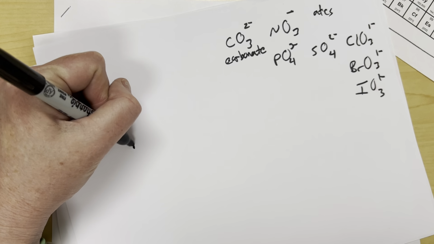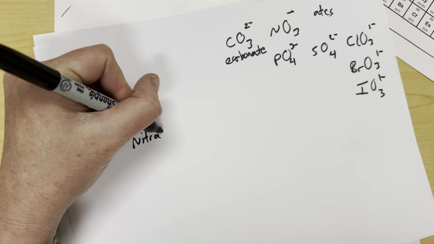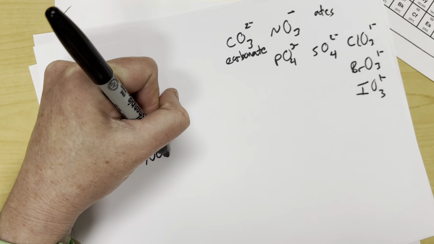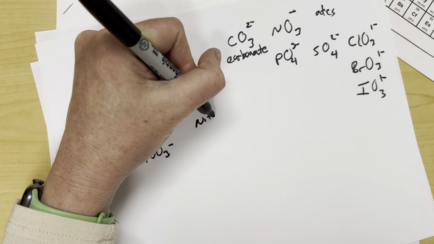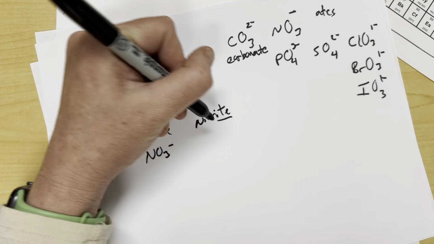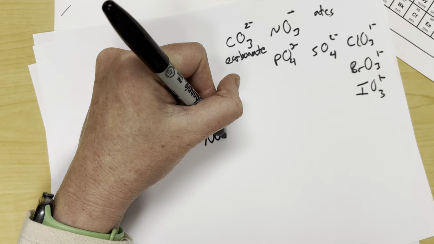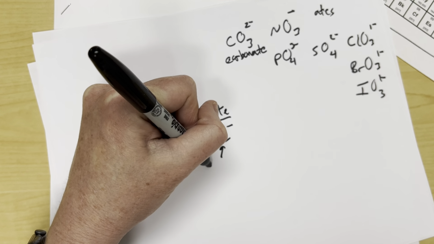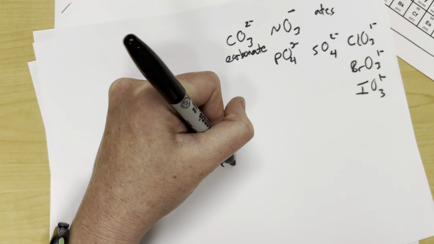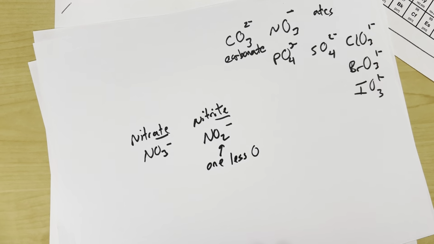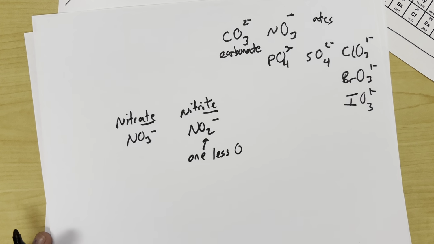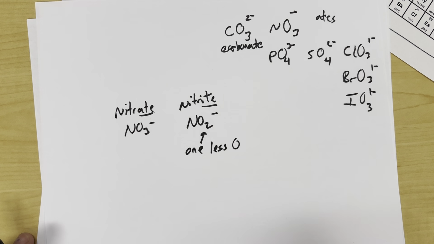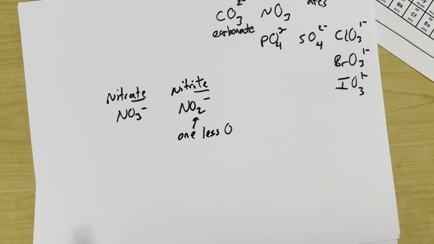So, for example, if nitrate is NO3 negative, nitrite is NO2 negative. 1 less oxygen, but everything else remains the same, right? Then we even talked about like hyper and hypo.